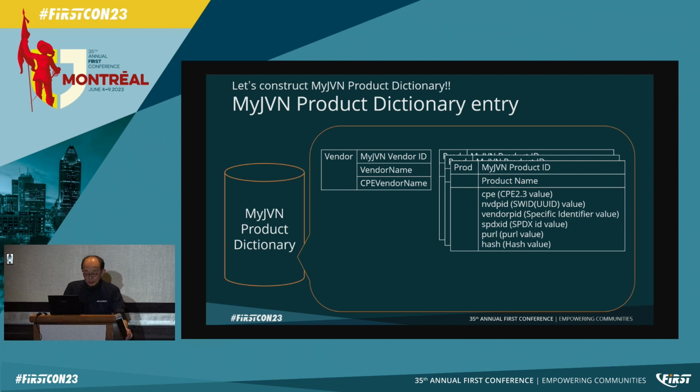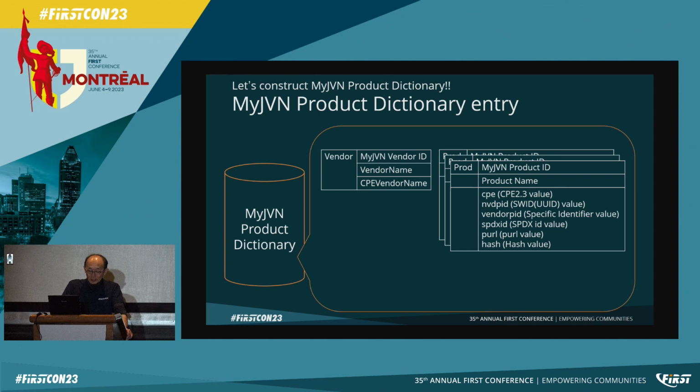The figure visually represents the MyJVN Product Dictionary entry, providing essential information about vendors and products. The entry includes the following details: MyJVN product ID, product name, CPE, NVD ID, version, vendor PID, SPDX ID, package URL, and the hash.